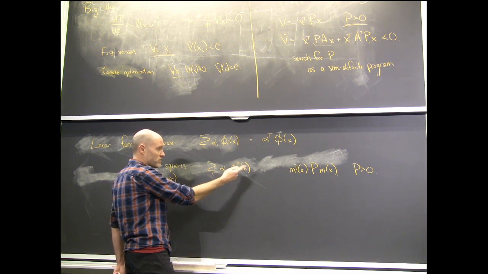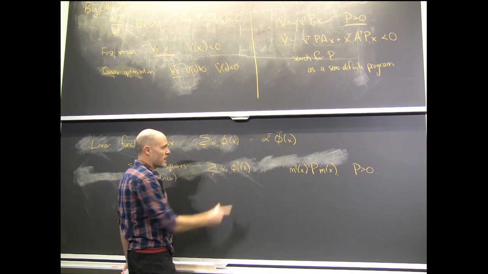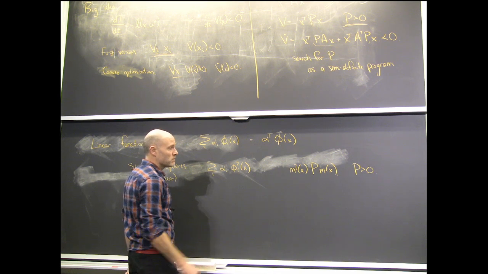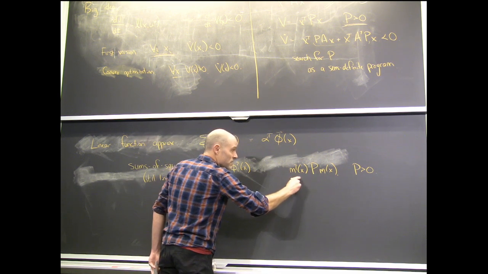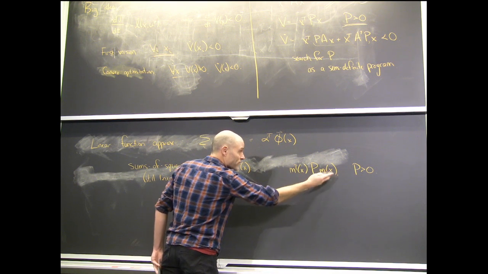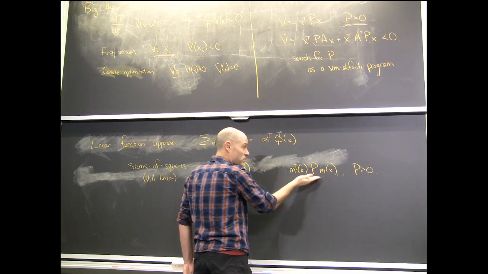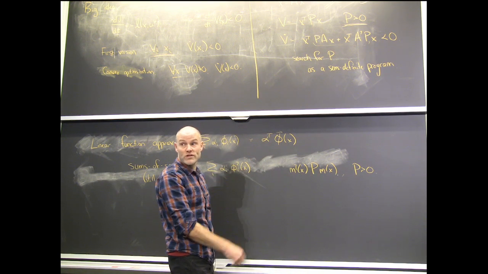Okay, it's richer, it allows positive combinations of that, not just element-wise, right? But clearly, no matter what m of x is, this is a quadratic form, and if P is a positive definite matrix, then by definition this is always greater than or equal to 0.